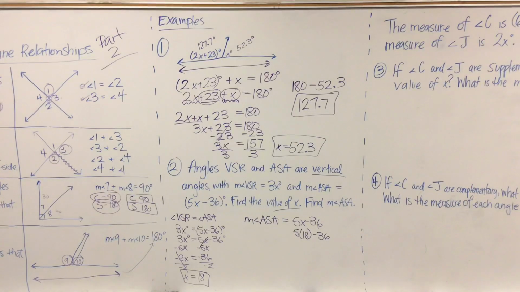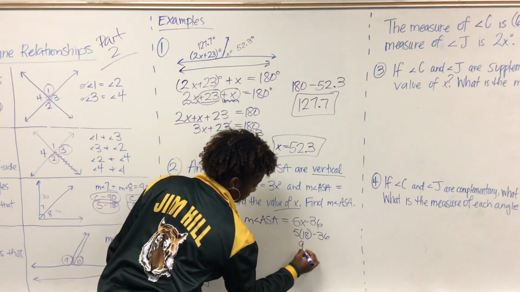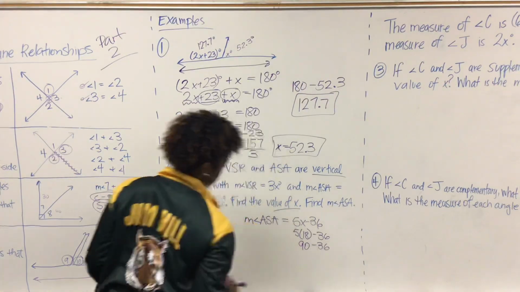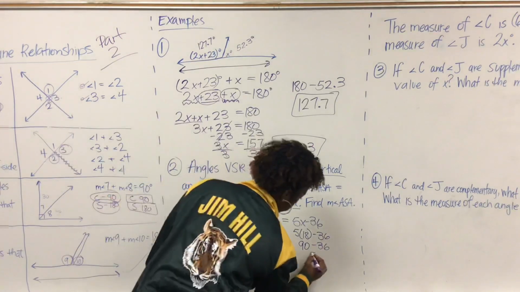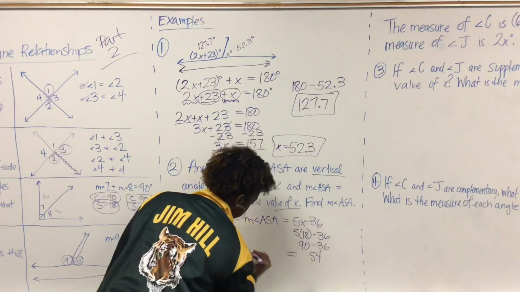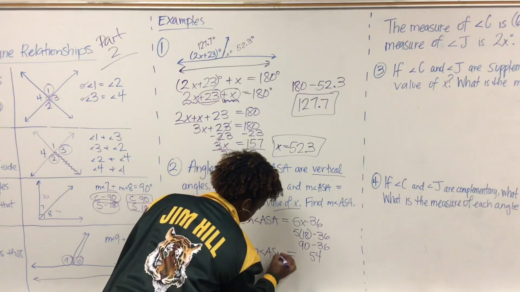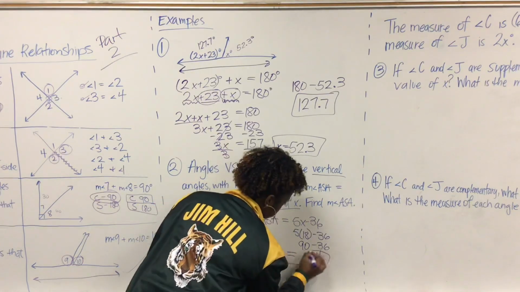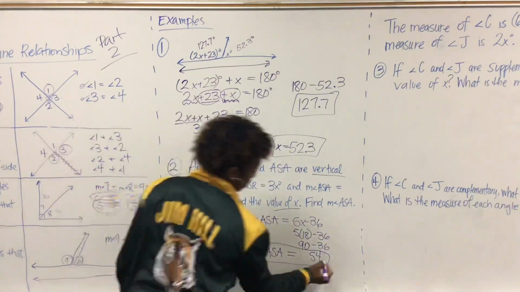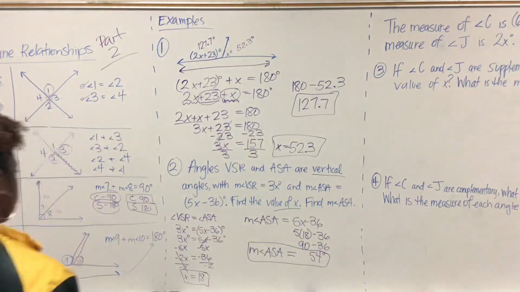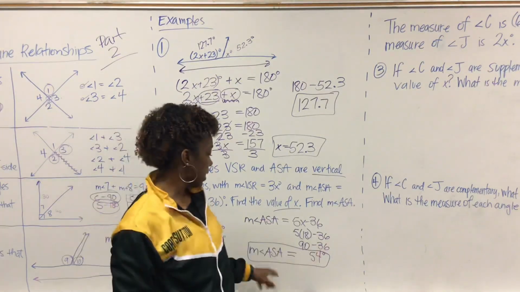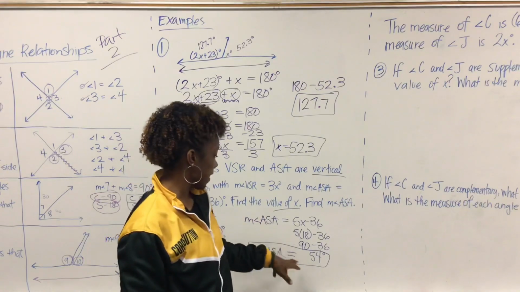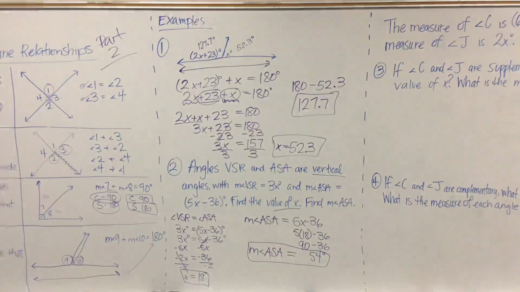When we do 5 times 18, we get 90. Bring down minus 36. So now we do 90 minus 36 and we get 54. So the angle ASA equals 54 degrees. So we found the value of x, which was 18, and we plugged that into angle ASA to find the value of ASA, which was 54 degrees.